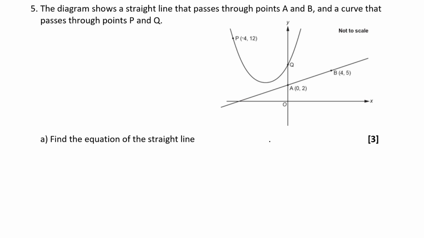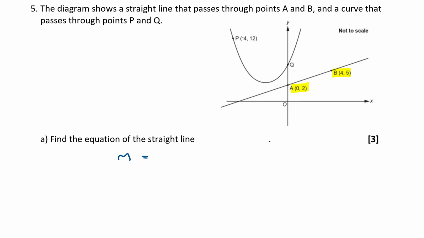Right, first up we need to find the equation of the straight line. So that's going to be fairly easy to do because we've been given 2 points on the line, A and B. So we can use that firstly to find the gradient and then sub 1 in to find the intercept. So gradient first.